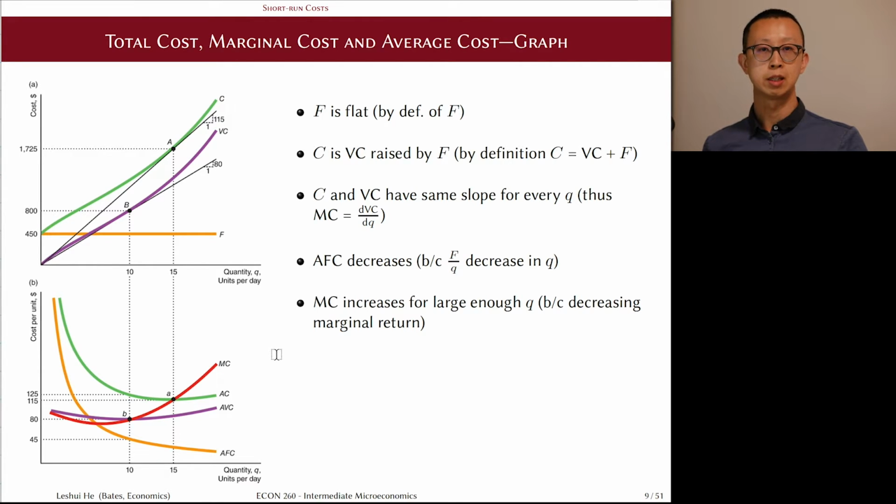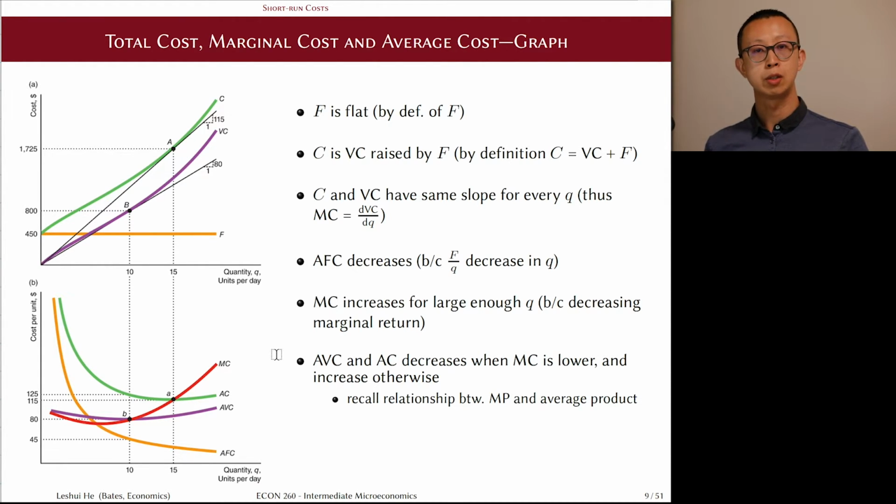The reason lies in the decreasing marginal returns in the short-run production function. Once the firm reaches a very high output level, to further push up the output, the firm needs to put in more and more inputs for the next unit of output. As a result, the marginal cost rises faster and faster as the output level increases.